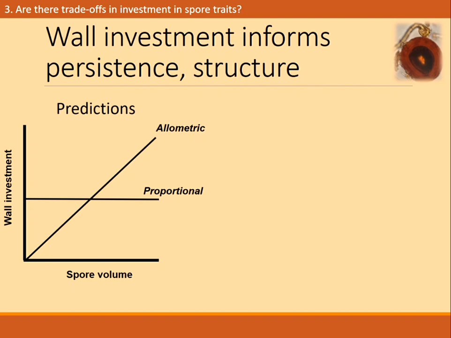So this would predict that larger structures actually need a thicker wall in order to preserve the structural integrity of that cell. And then finally, we could see a trade-off where these traits, of course, are not free, and so the larger the spore, the smaller the wall investment, because there just aren't enough resources to go around.